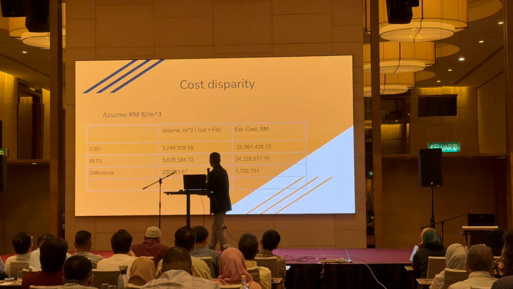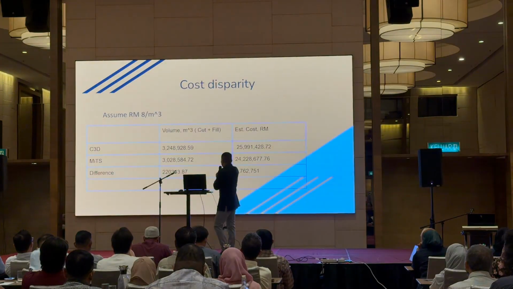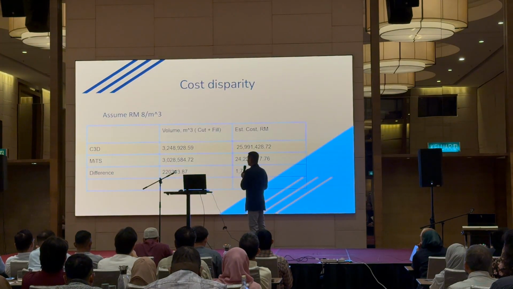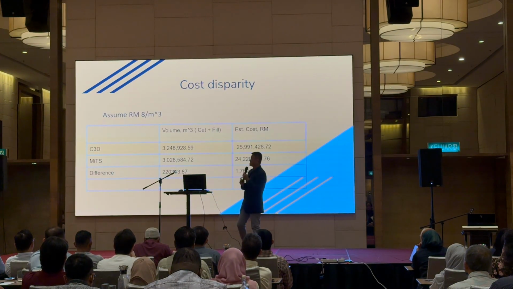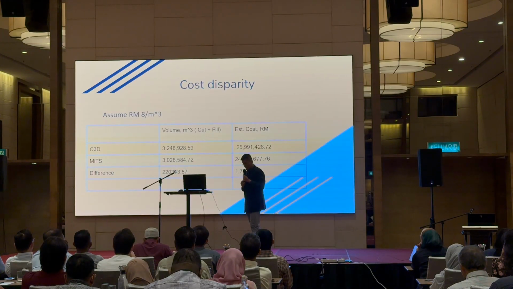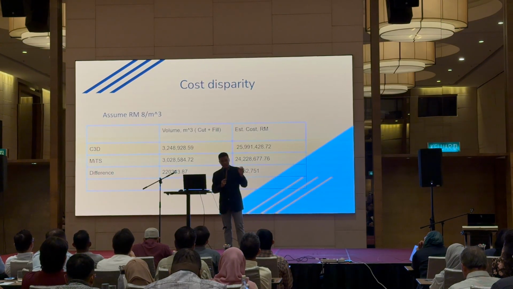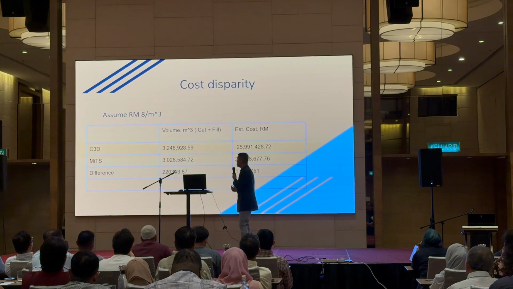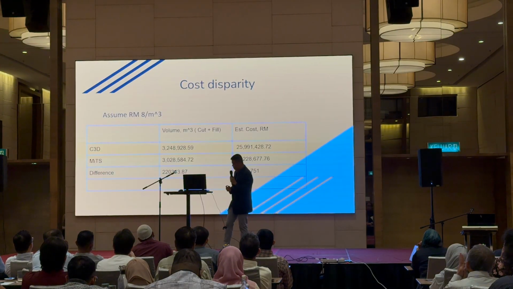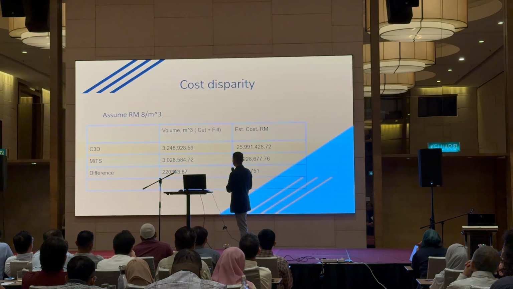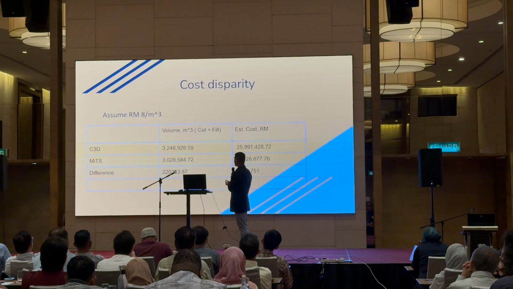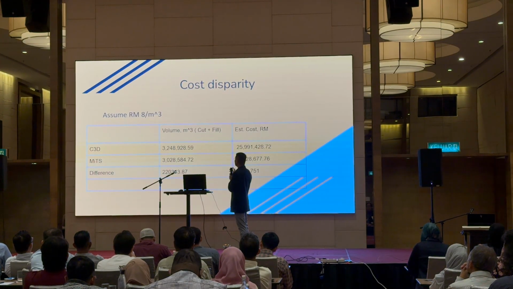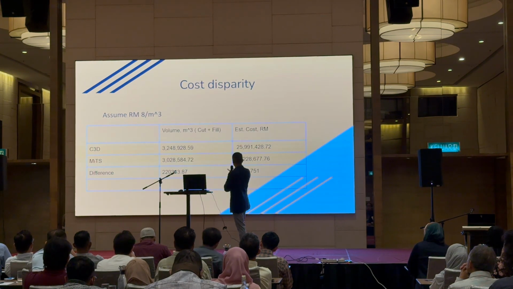So yeah, okay, let's talk about money right now. We just do a very rough estimation, assuming that it costs around 8 ringgit for every meter cube of excavation. I just don't care about the difference between cut and fill at this moment. We just assume a blanket figure, 8 ringgit per meter cube. And then we just do a rough summation. It's like 3.2 million meter cube for both cut and fill on the Civil 3D side.